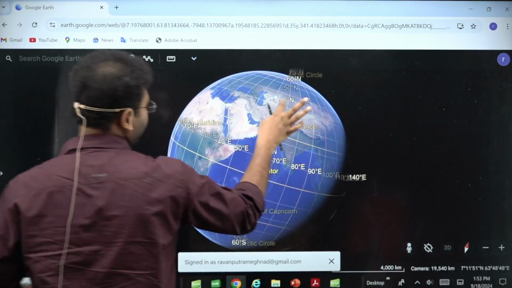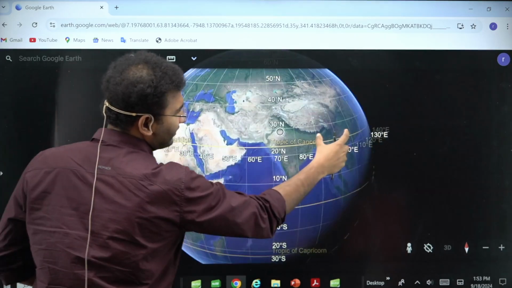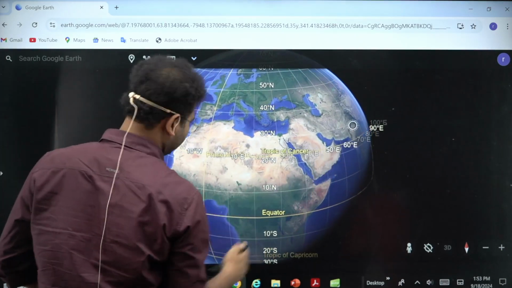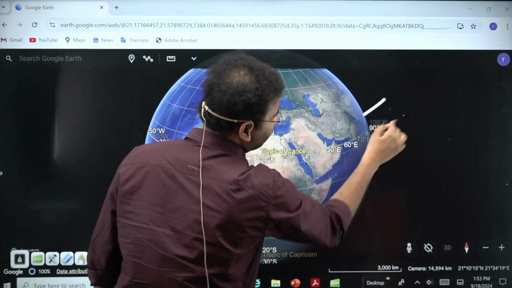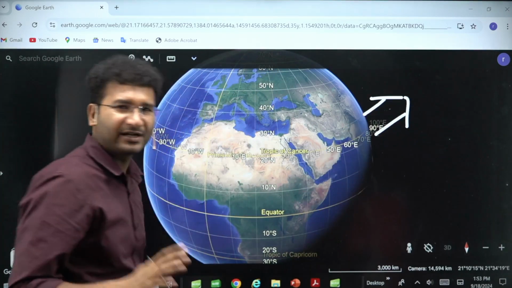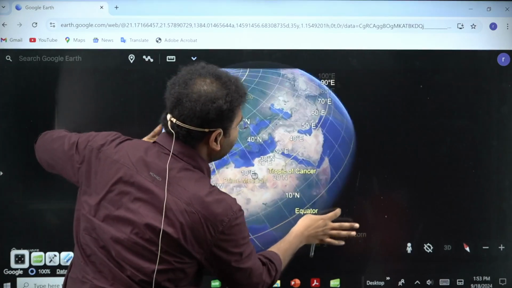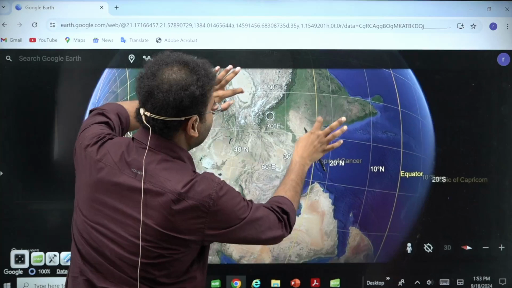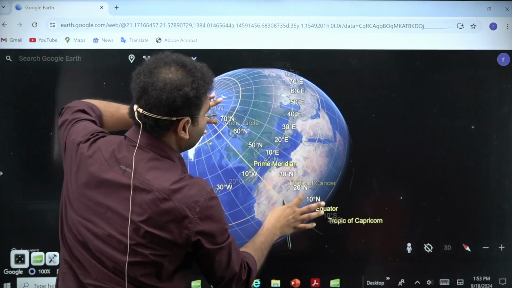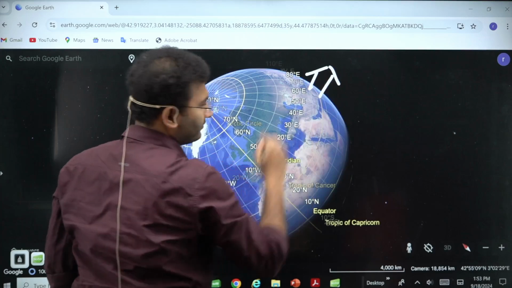Let's imagine that this is India, right? Let me construct a house here. For our simpler understanding, I will tilt the earth. Let's imagine there is a house that is constructed.